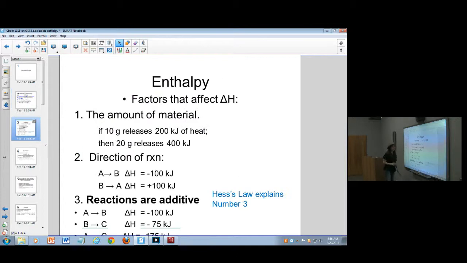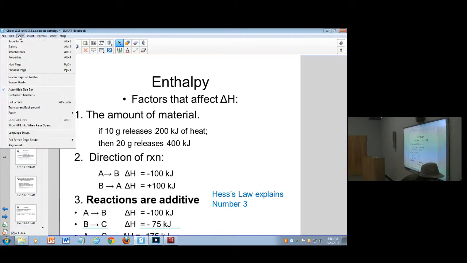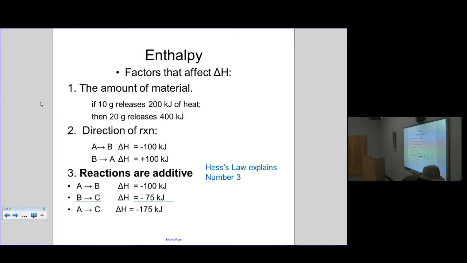So let's recall, just for a minute, that enthalpy is affected by basically three kinds of things. Enthalpy is affected by the amount of material.